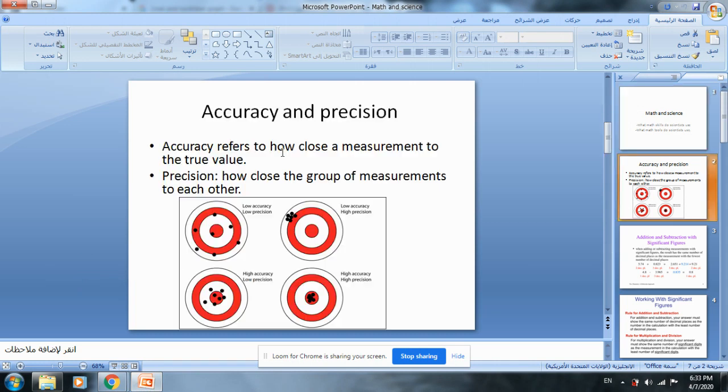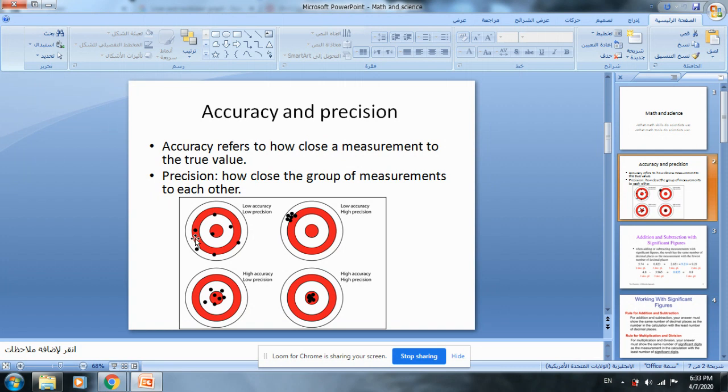Accuracy and precision, as definition: accuracy refers to how close measurements are to the true value. Precision is how close a group of measurements are to each other. Accuracy is about how close a measurement is to the true value.